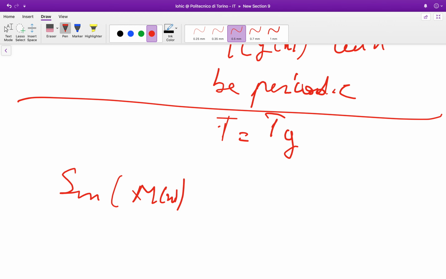what is the internal one? It is the mantissa, right? So I expect that the period will be T equal to what? To 1, yes or not?